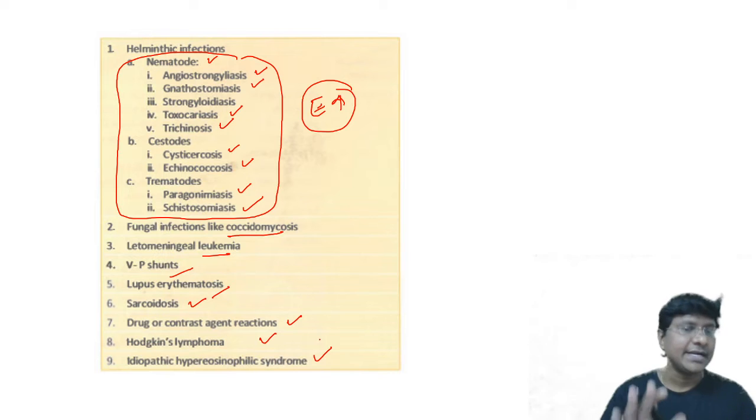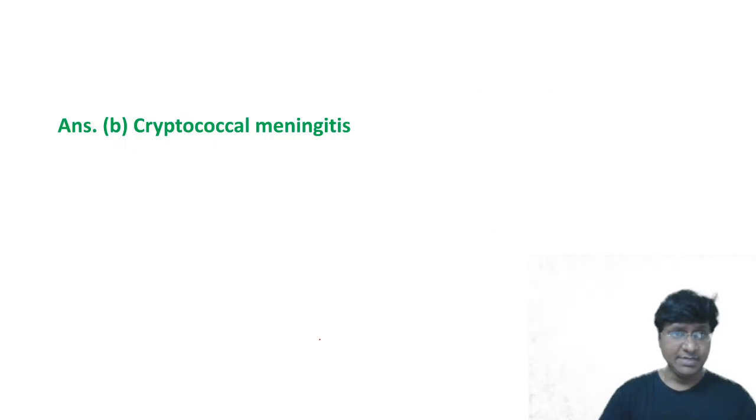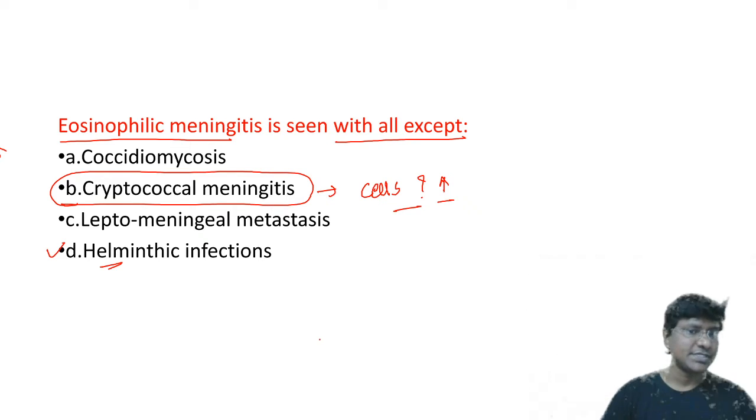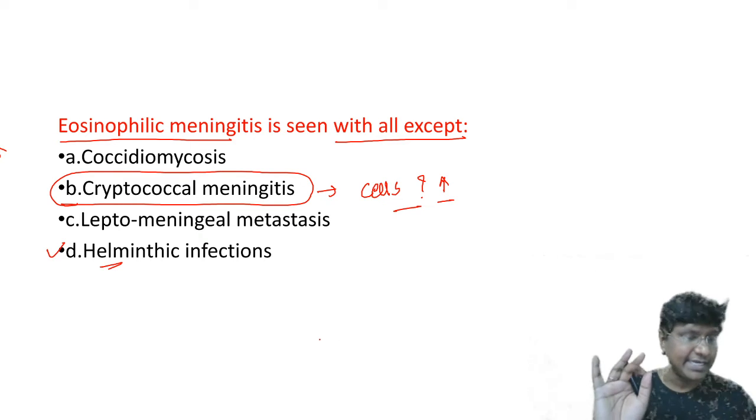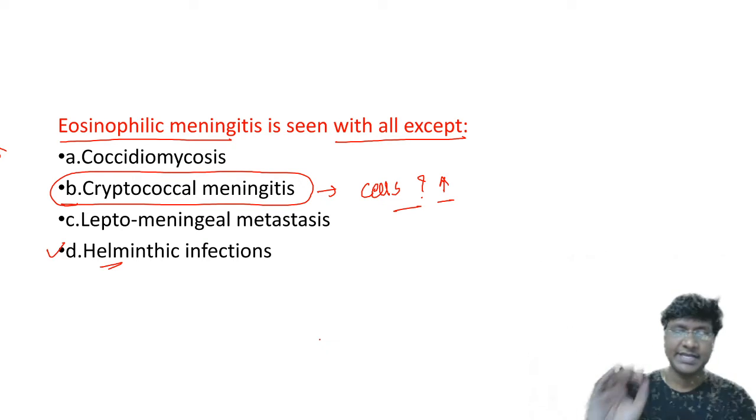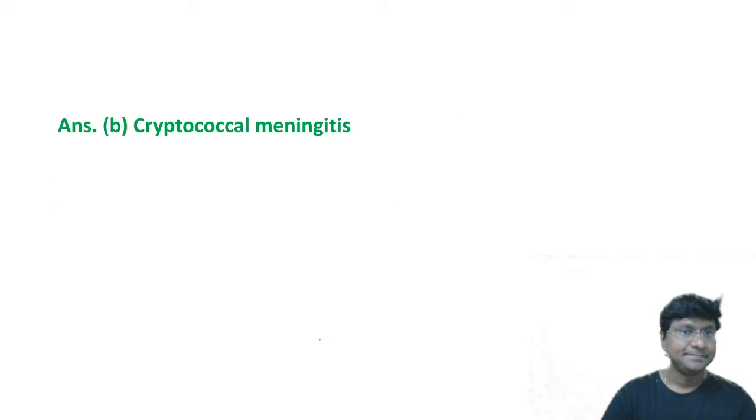So these are all the conditions where the CSF eosinophil count will be raised. But among all these, what you should remember is the helminthic infections, as well as coccidiomycosis and leptomeningeal metastasis. Right. So this is about eosinophilic meningitis. The criteria to call it CSF eosinophilia is a very, very important point.